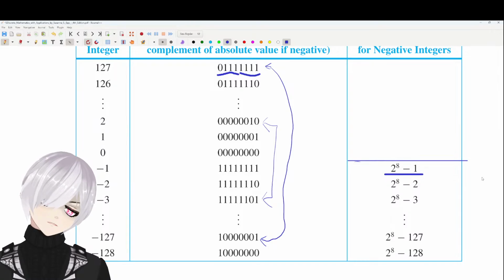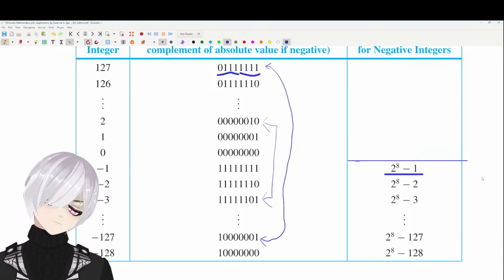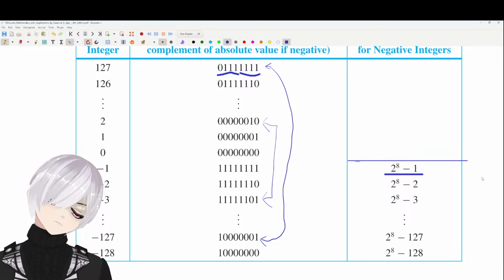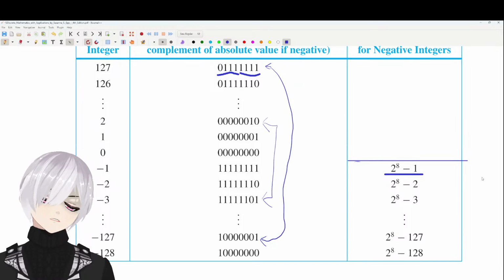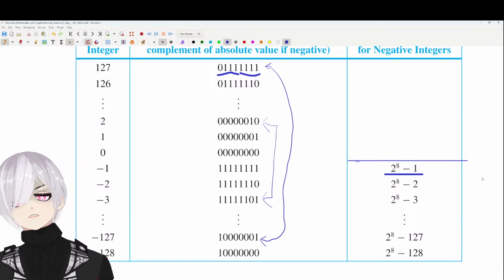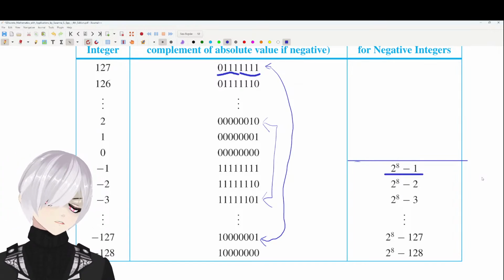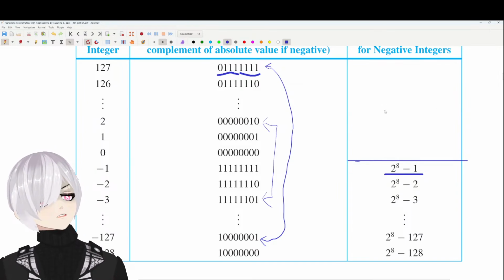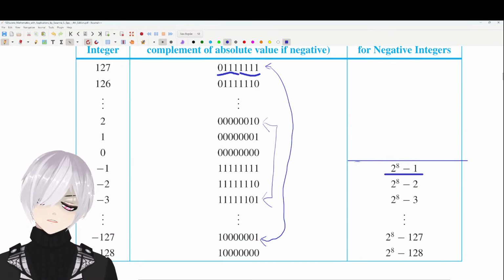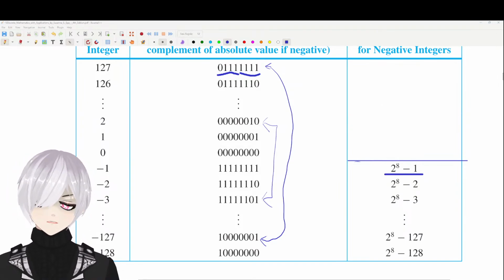But if you wanted to go the reverse direction, you start with the binary representation of the negative number and you want to get the absolute value, then you would take the two's complement of the negative number. Yeah, because that would itself be the two's complement of the two's complement of the absolute value.